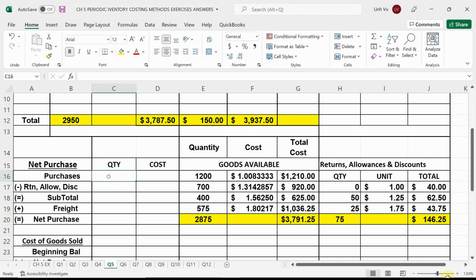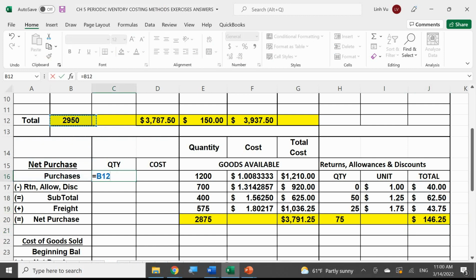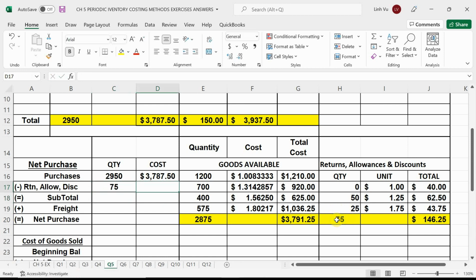So let's plug in our numbers here. I purchased a total of 2,950 items at a grand total cost of $3,787.50. However, I end up returning 75 units at a grand total refund of $146.25, excuse me.